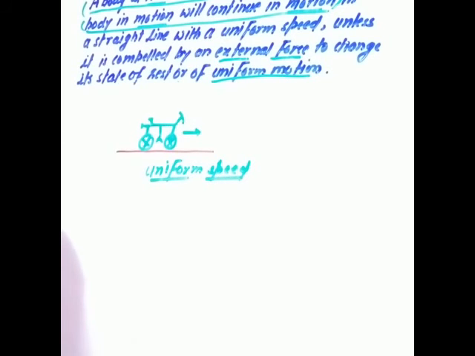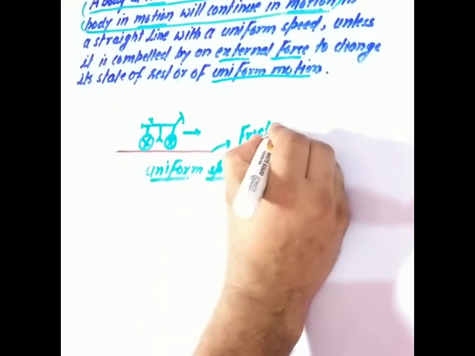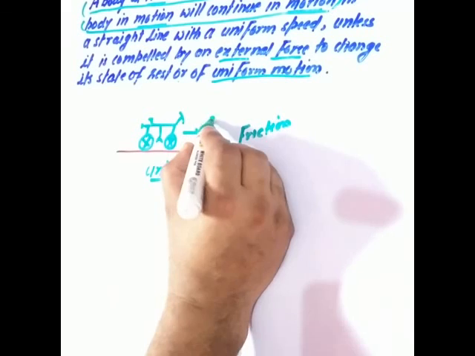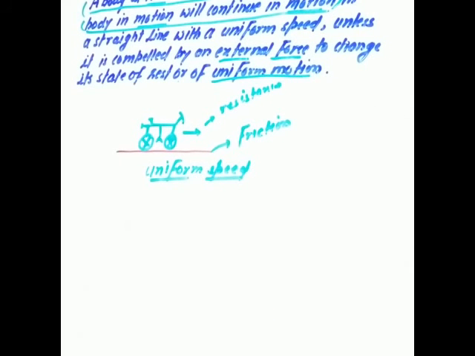It will come to rest after some time. The moving bicycle has been compelled to change its state of uniform motion by the external force of air resistance and the friction of the ground. If there were no resistance of air and no friction to oppose the motion of the bicycle, then according to the first law of motion, the bicycle would keep on going forever and ever.